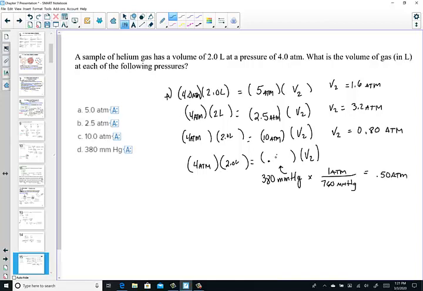That's what goes right here. I have to have like units. So if I have an atmosphere here, I have to have the same unit over here. 4 times 2, divide by 0.5, and the new volume is 16, 2 sig figs, so we're good.